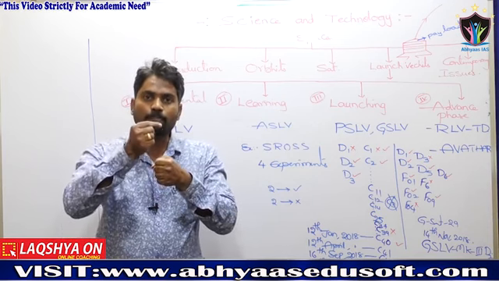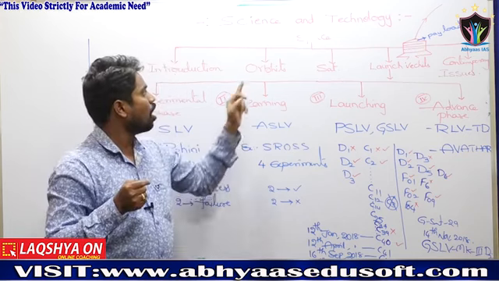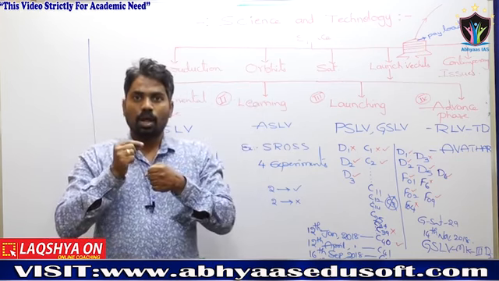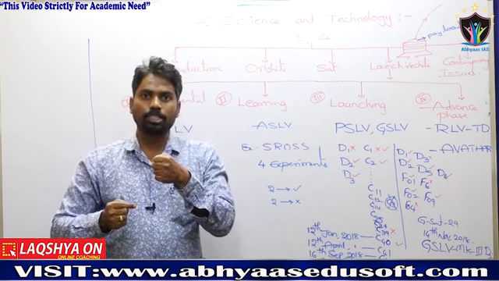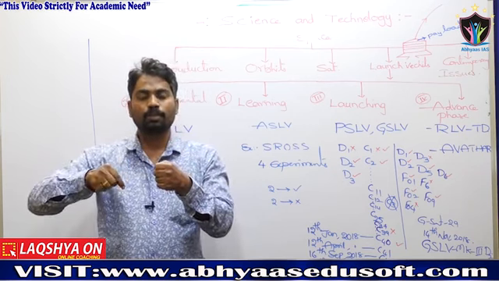The revolving path of the satellite is known as orbit: pole to pole polar orbit, equator to equator orbit.